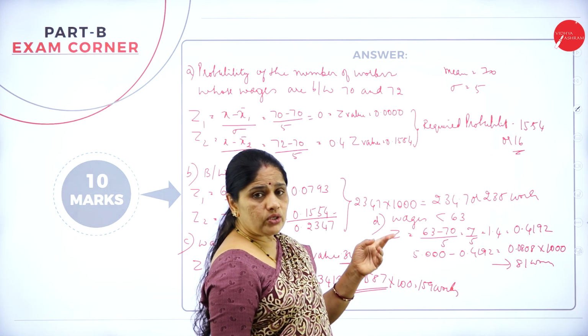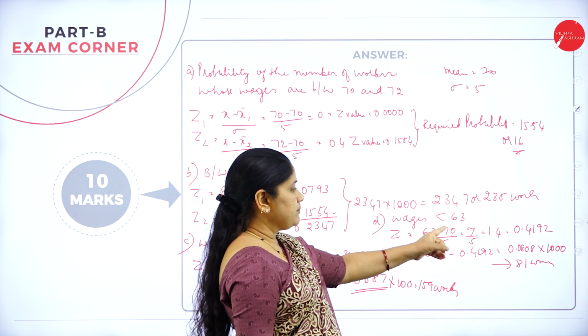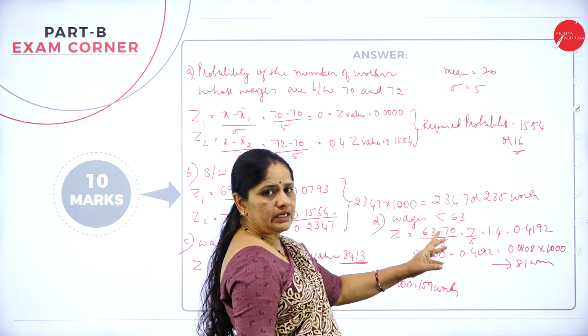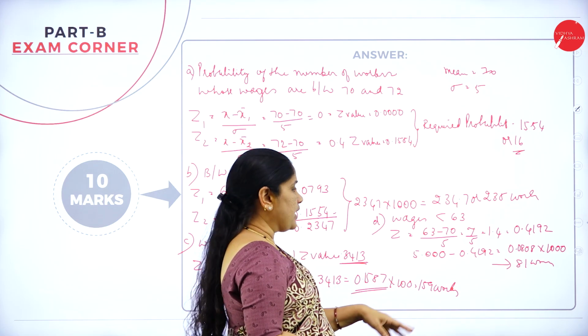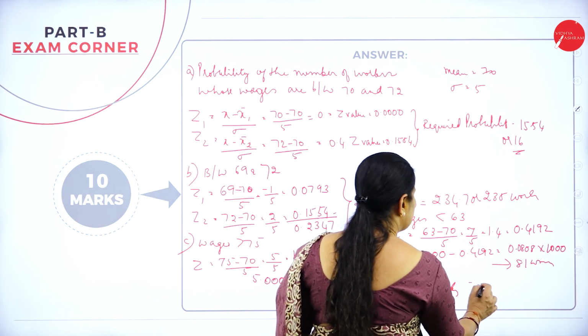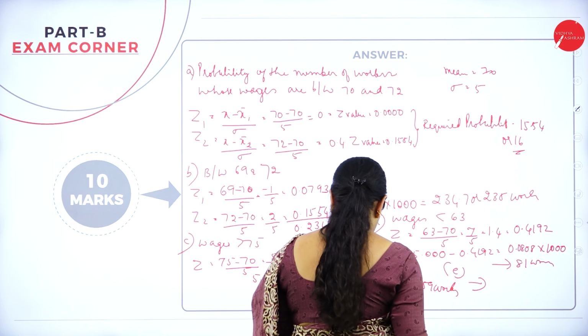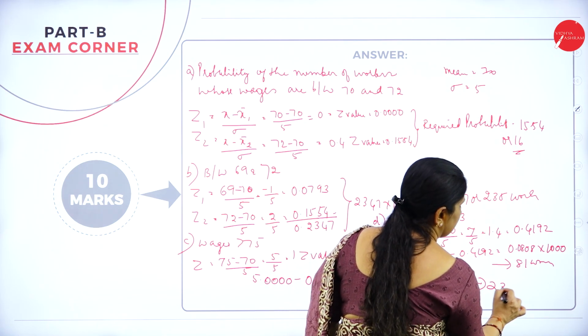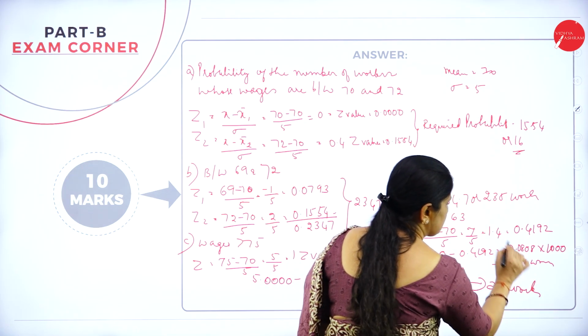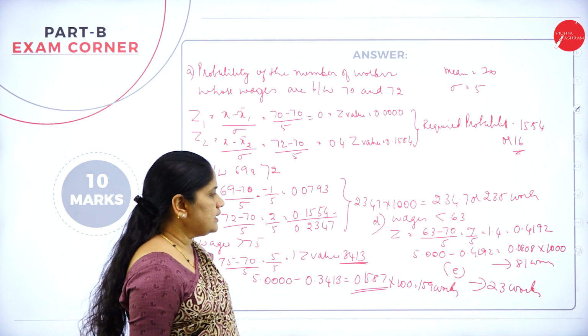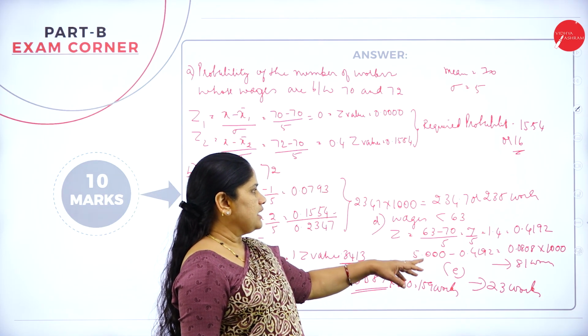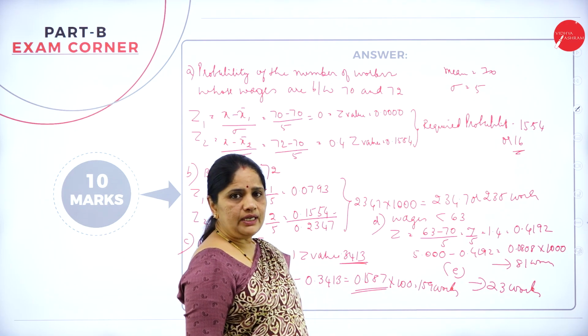It will be 80 minus 70 divided by 5, that will be 2. So Z value of 2 you have to find. Then we get the answer for E as 23 workers. So the same method you have to follow here. So for the E value, it will be 23 workers.